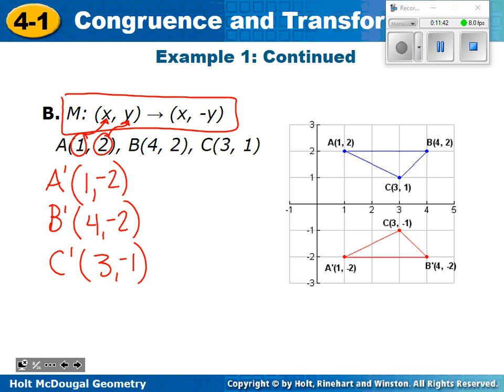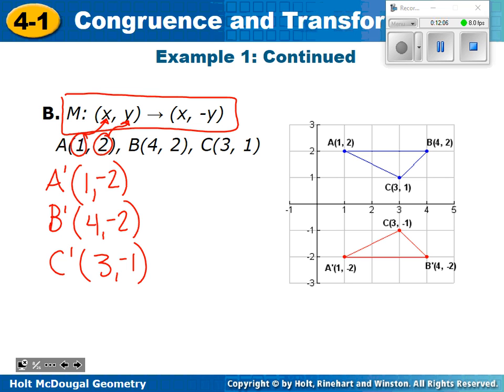Okay, so we talked about that last in chapter 1 as well. We said that if it was to reflect across the line like y equals 1, then you say it's a reflection across the horizontal line. The rule will always, oh, good question. You can only write a rule if it's going across the x-axis or across the y-axis for this lesson, okay, for what we're doing right now.